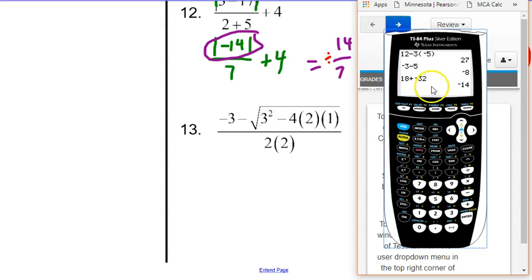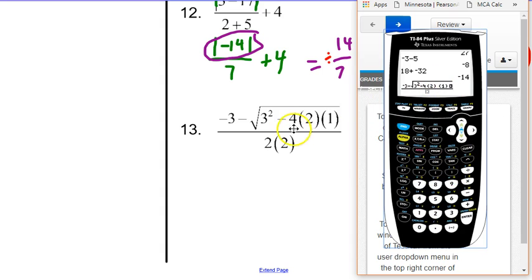All right, so first off, we need to put in the fraction bar. So we're going to put the fraction in. Then we're going to type in the whole numerator. So we have negative 3 minus, put in the square root, so the blue button, then the x squared button. Then we put in 3 squared minus 4 in parentheses 2 and in parentheses 1. It should look exactly like it.